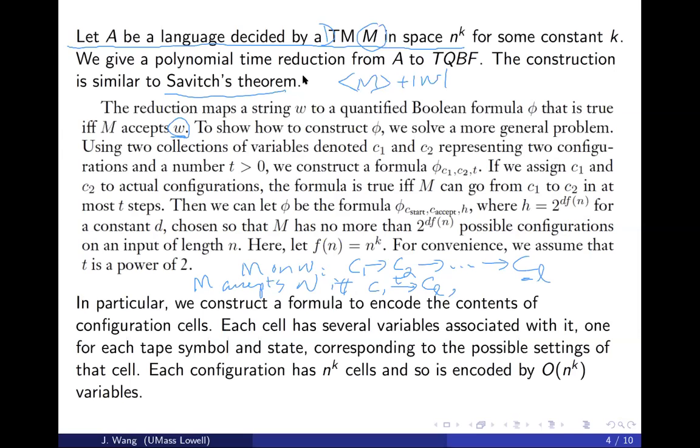So T here is at most 2 to the d times n to the k. Okay, so this is n to the k. If we call that f of n, then that's 2 to the d f of n. So that's how big T is.